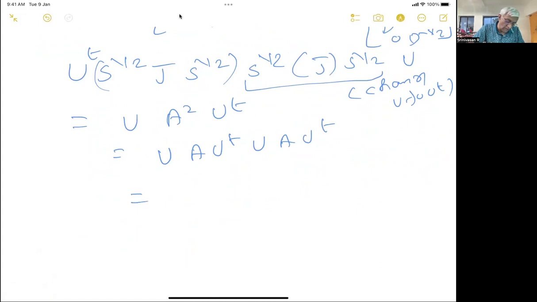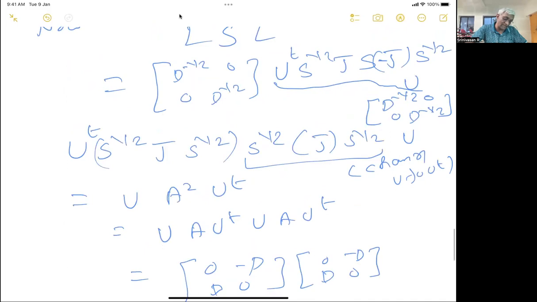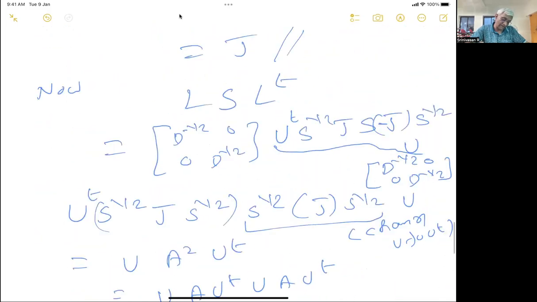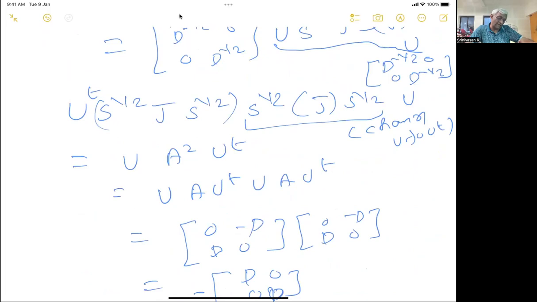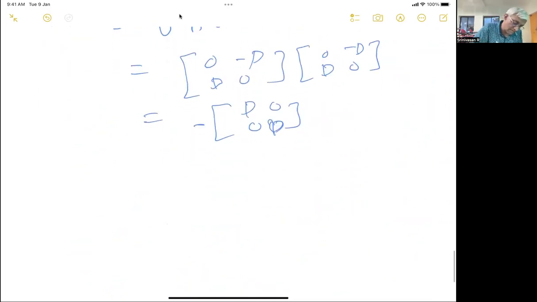Now this is equal to 0 minus d 0. 0 minus d 0. That will become d 0 d, right? Minus of this. And there is another minus here. There is a minus j somewhere. Yeah, here there is a minus j. It will be d square. D square, correct, sorry. So d square, d square.